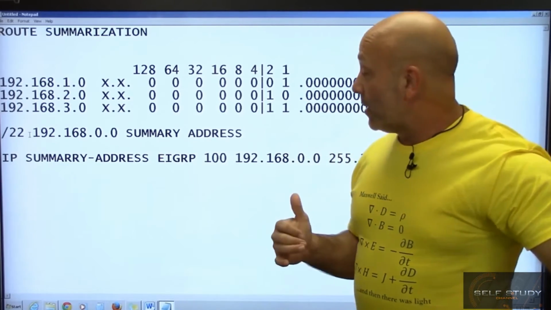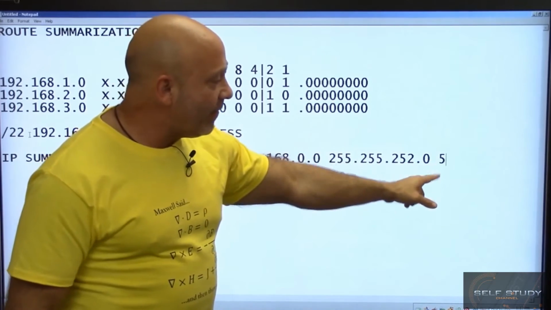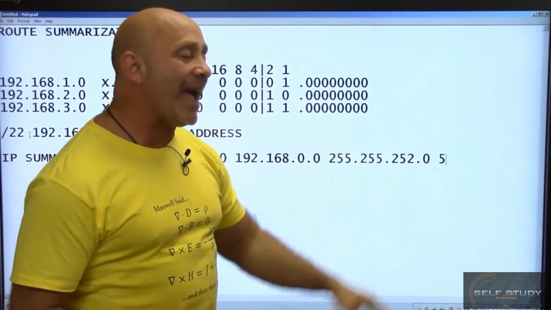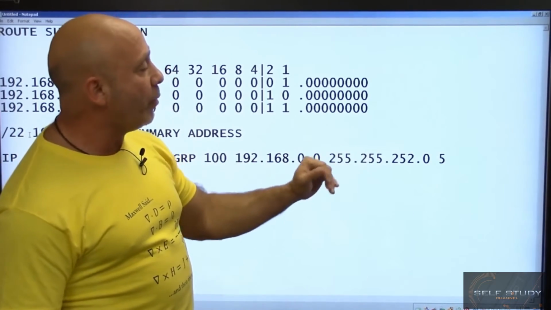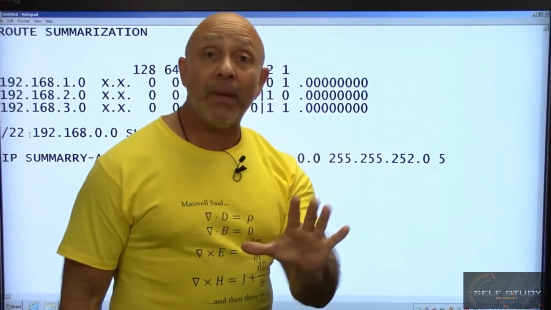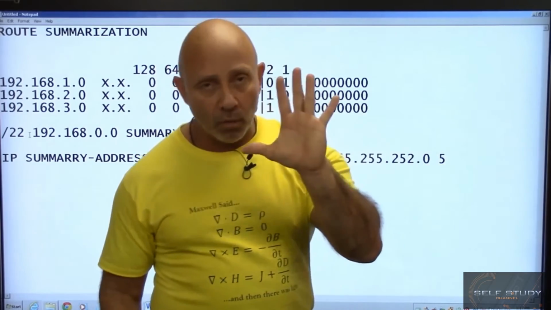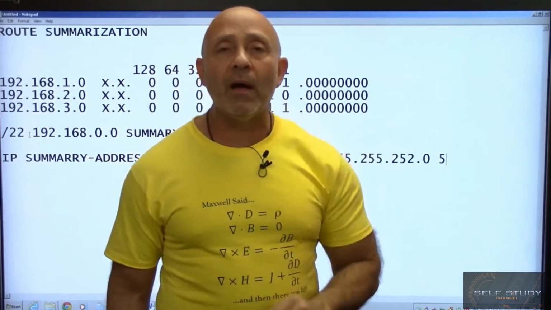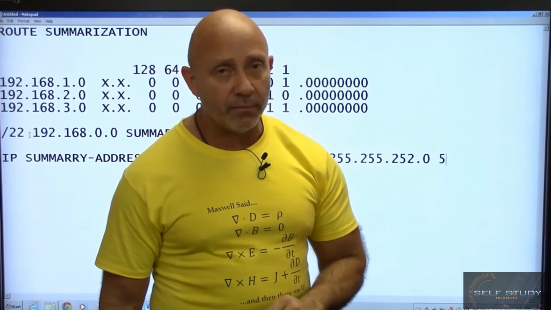I didn't put it, but when you look at the start, it actually adds it because it is a summary route, and that summary route has an administrative distance of 5. EIGRP has an administrative distance of 90. So who's more believable? The one with the lower administrative distance. Therefore, that core router will pay attention to that advertisement and not the other.